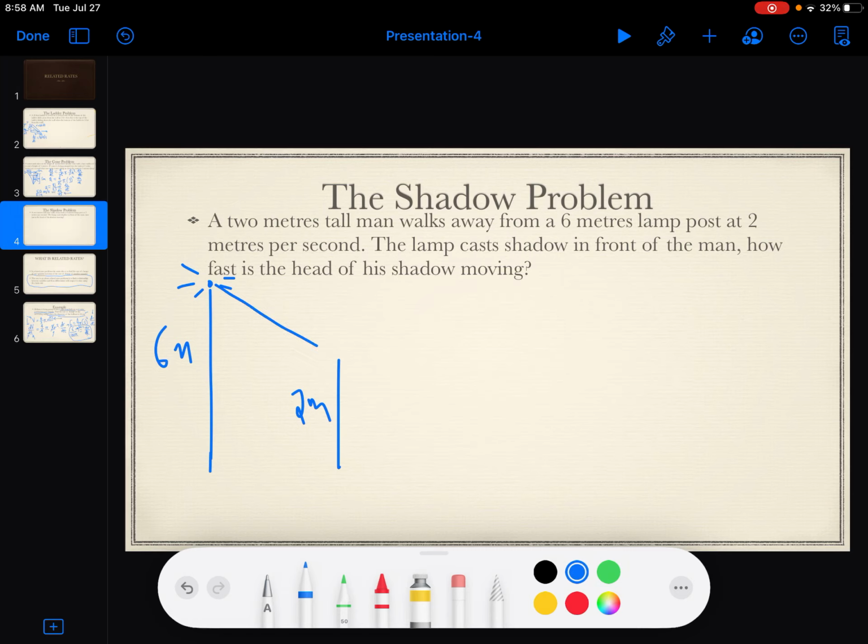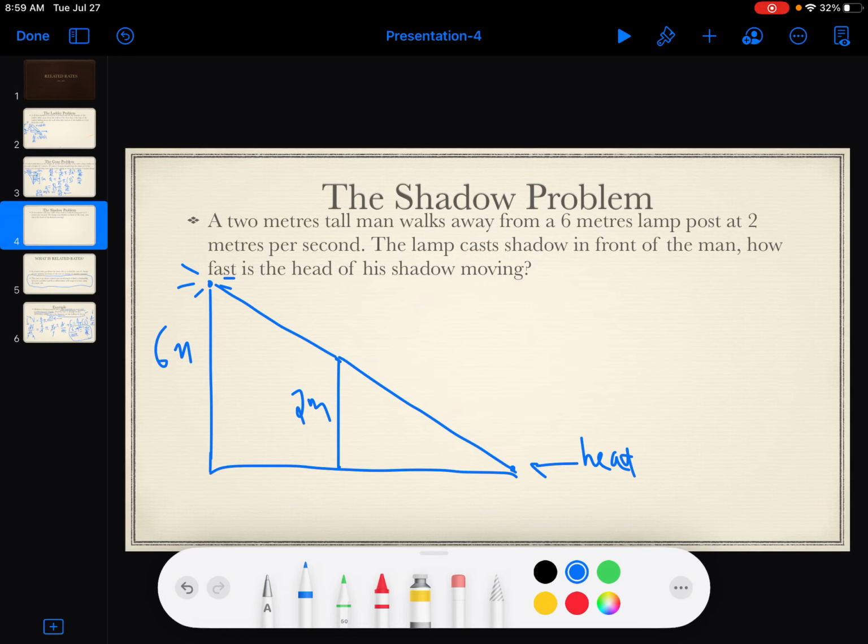It hits his head, and it casts a shadow right there. Let's say this is where the head of his shadow is. The head. And obviously this is just the ground. Draw a line there.